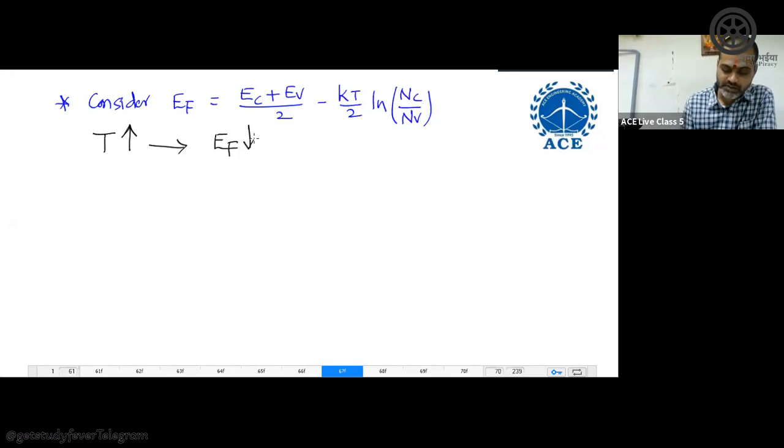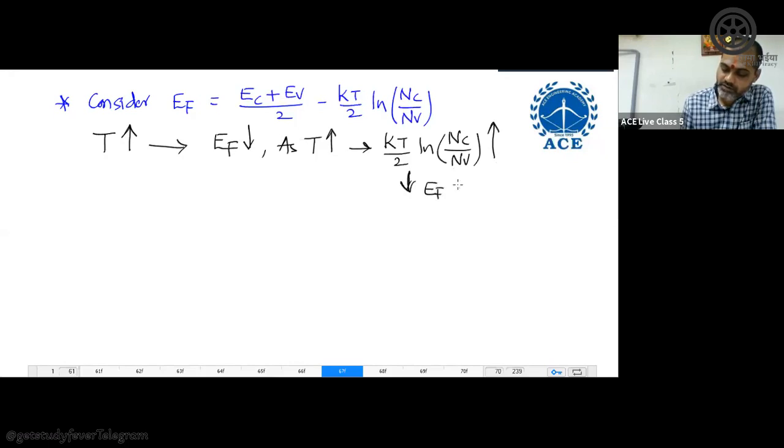So as T increases, this kT by 2 ln of NC by NV is going to increase, and this makes EF decrease.